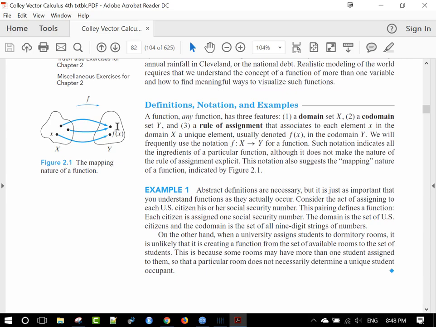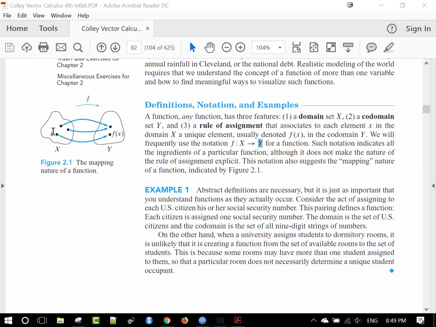So that's the rule. And here we have the notation that says that it takes elements from set X and outputs elements from set Y, or points to elements in set Y. So we can say like a social security number is a function which goes from the set of US citizens to a bunch of numbers.